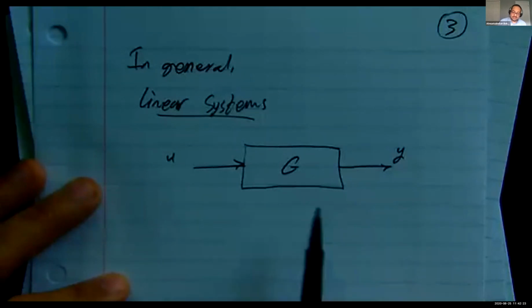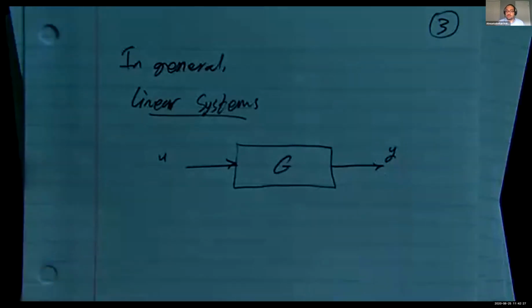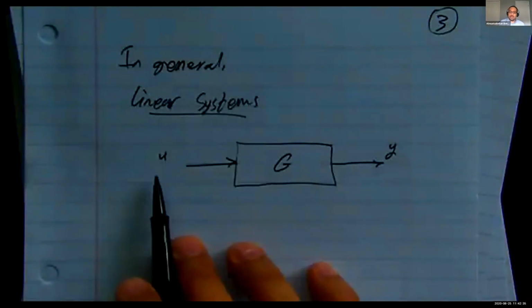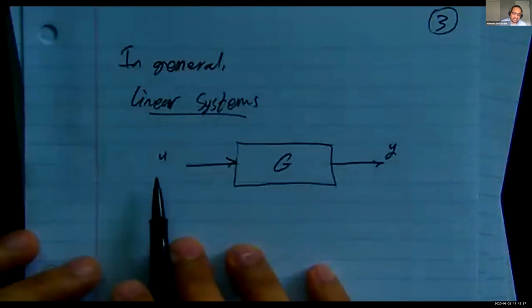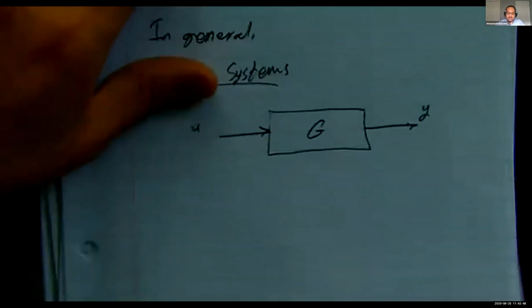I need to emphasize here the fact that Y is a signal. It could be a current, a voltage, a force, a position, displacement, velocity, whatever. U is also the case. U could be a current, voltage, whatever. G is the physical system: the motor, the car, the satellite, any dynamic system that changes with time.